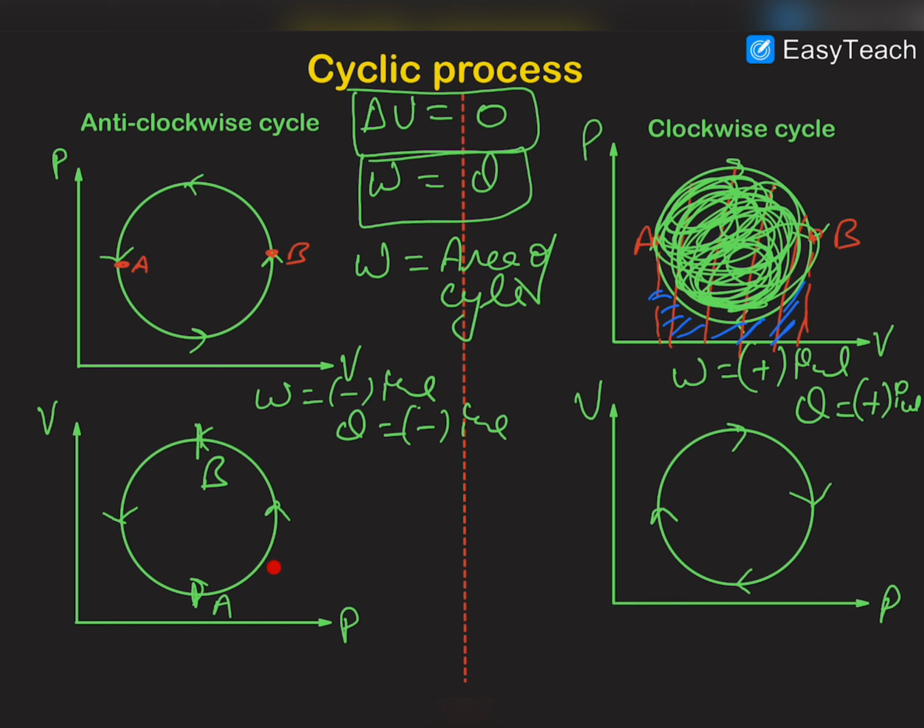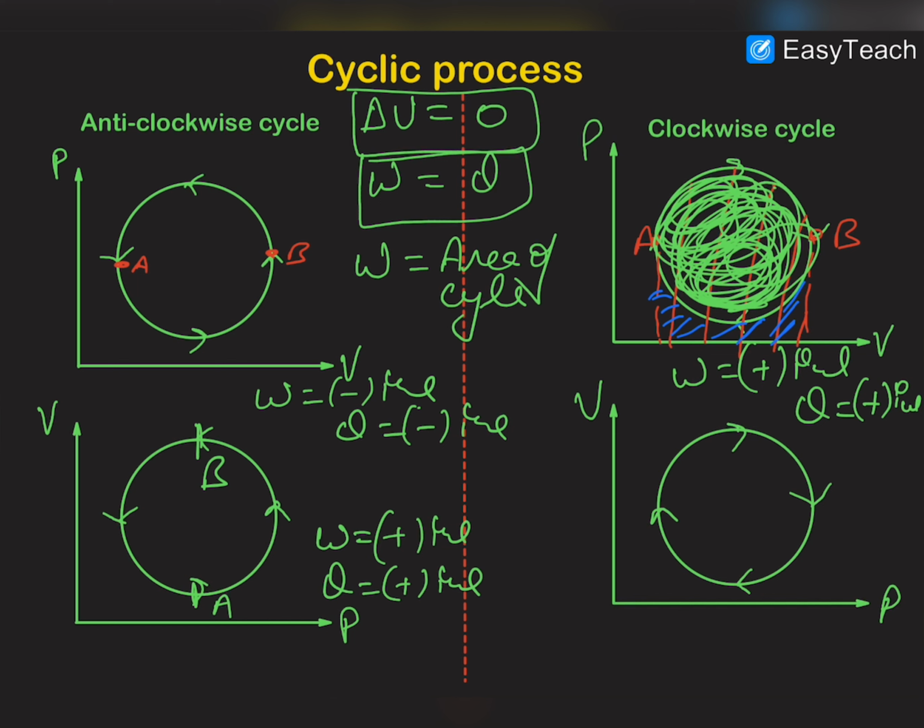So the bigger work done in magnitude would be positive, and the compression is occurring at the lower pressure, so the smaller work done in magnitude will be negative. So in this case, the net work done would be positive when the cycle is anti-clockwise, and the net heat supplied to the gas would be positive.